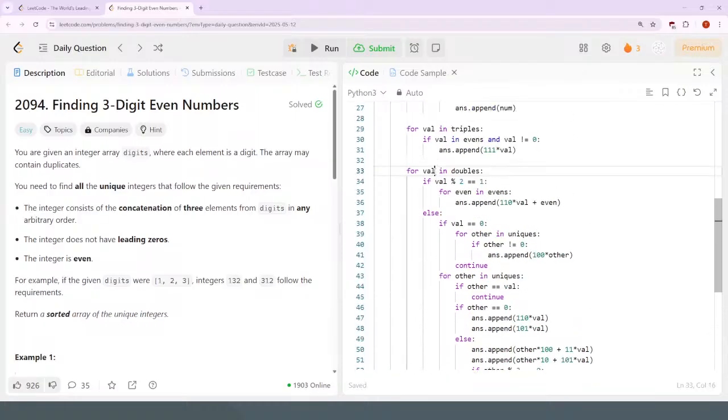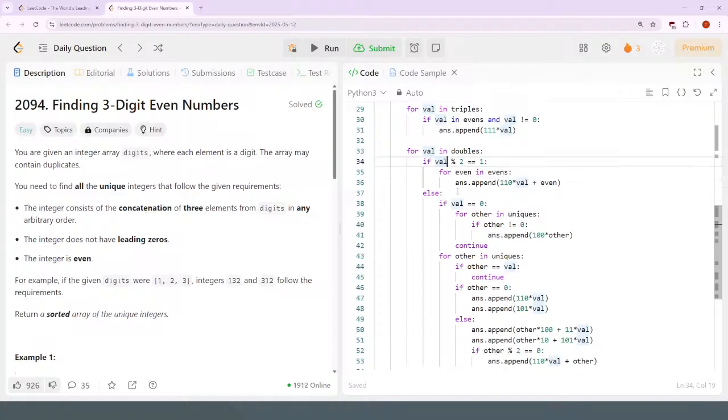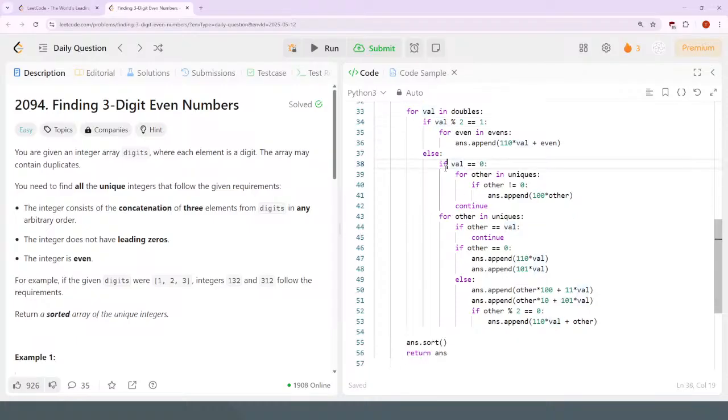I just thought of those two digits either being evens or odds; if it's 0, then some other number has to be the hundredth number. Yeah, some other number has to be the hundredth number.